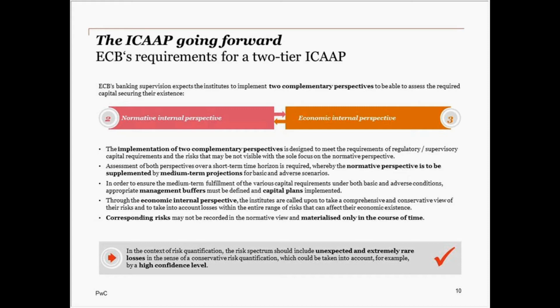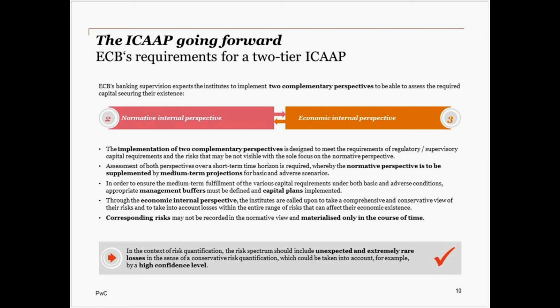The ICAAP is the governance tool that is important to harmonize governance and also the capital risks the bank is taking. And the ICAAP does not only consist of methods to measure risks. The ICAAP should be seen in a more holistic, more comprehensive way.